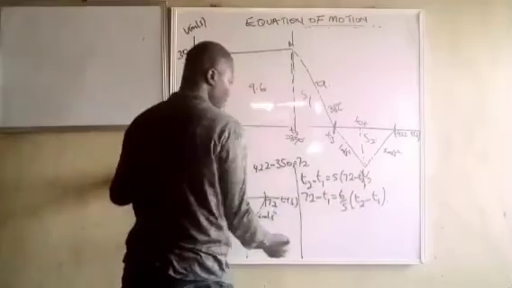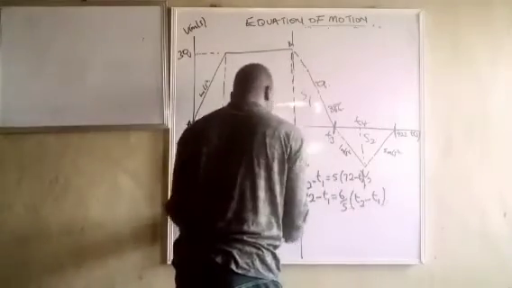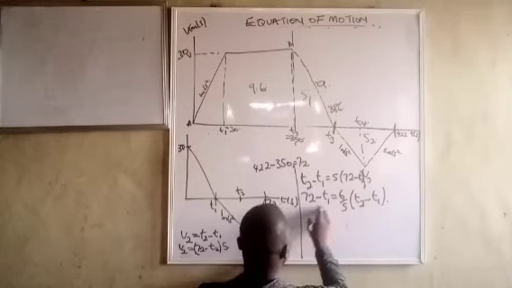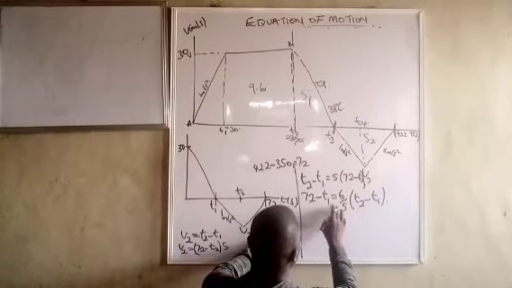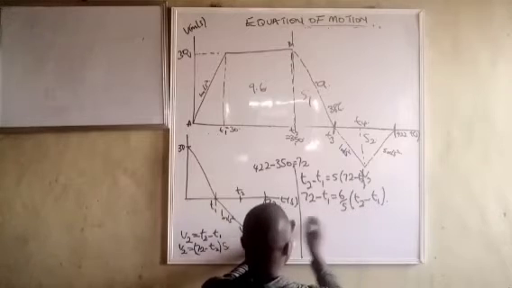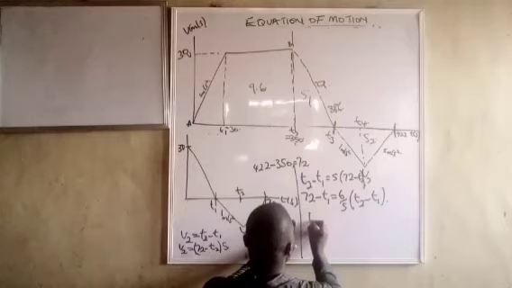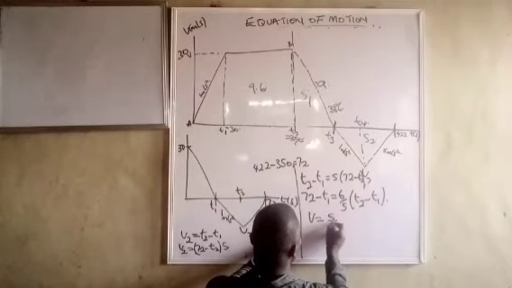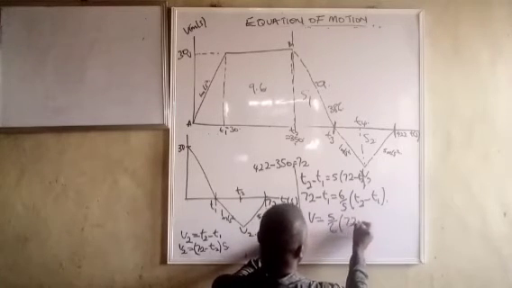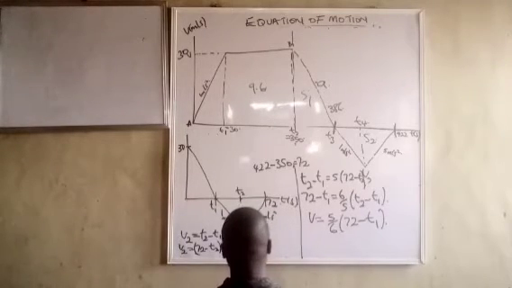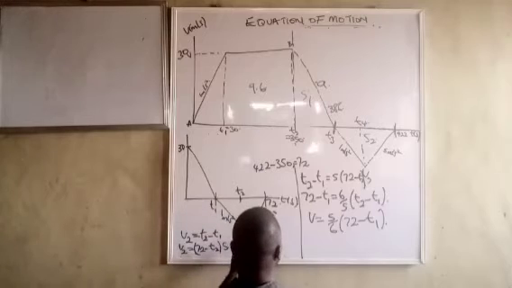Then, since we have gotten this, our velocity V is now equal to 5 over 6 into 72 minus T1. Straightforward. And what is our distance now?